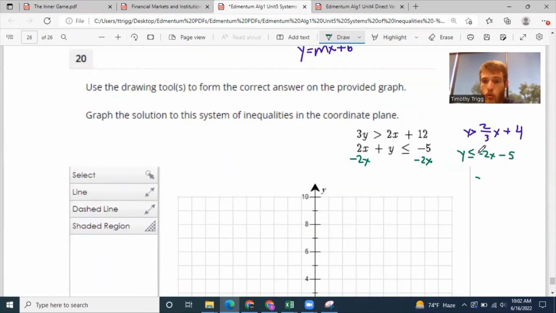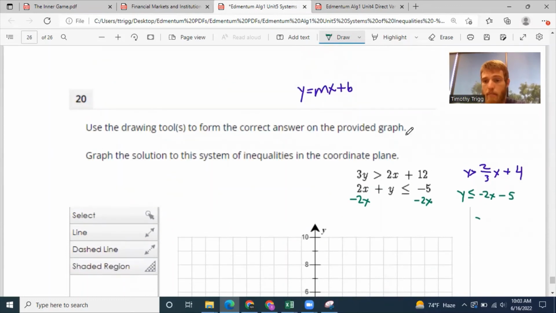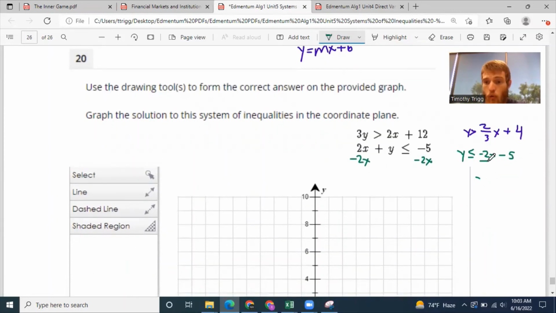The negative 2 is our slope, that's the m, and the b, the y-intercept, is negative 5. We could think of the slope as negative 2 over 1. So how would you graph that? You would start at negative 5 on the y, then from there you'd go down 2 over 1. This one has a negative slope, so it'd be going downwards as you go from left to right.